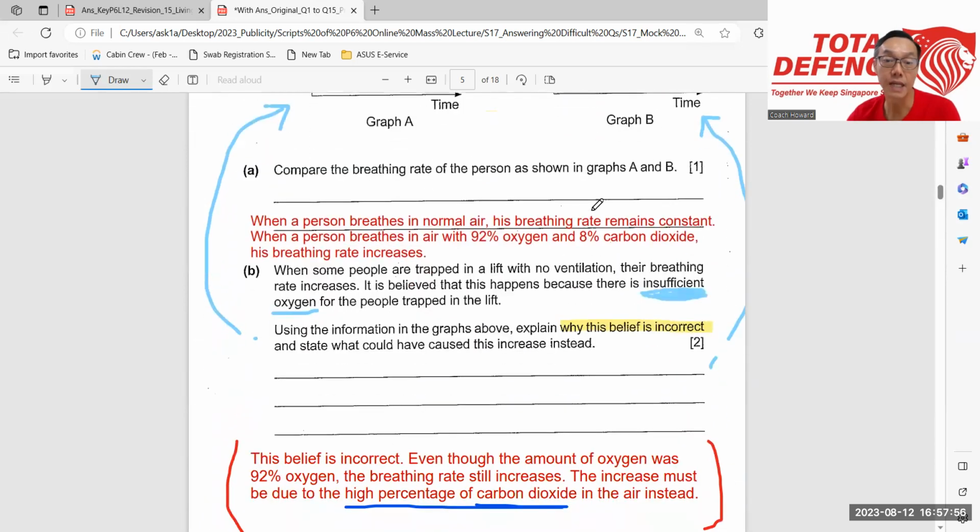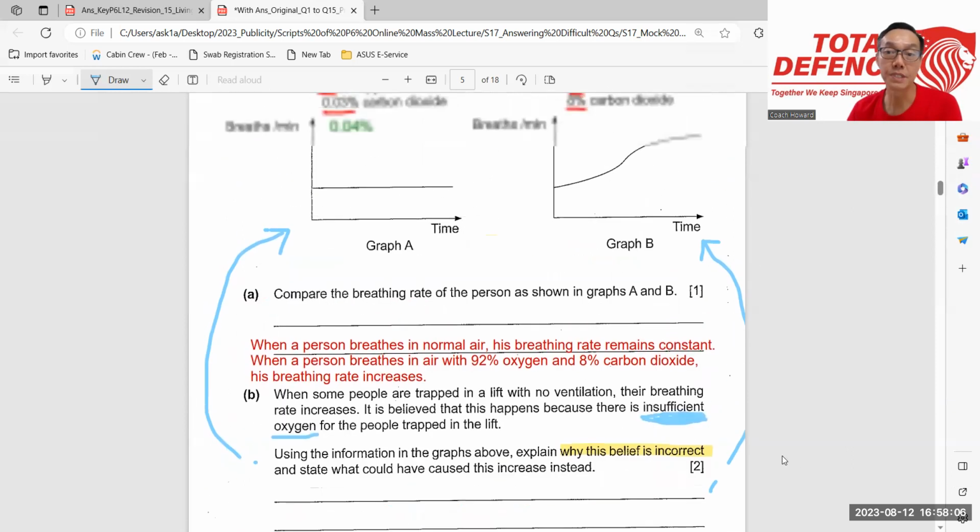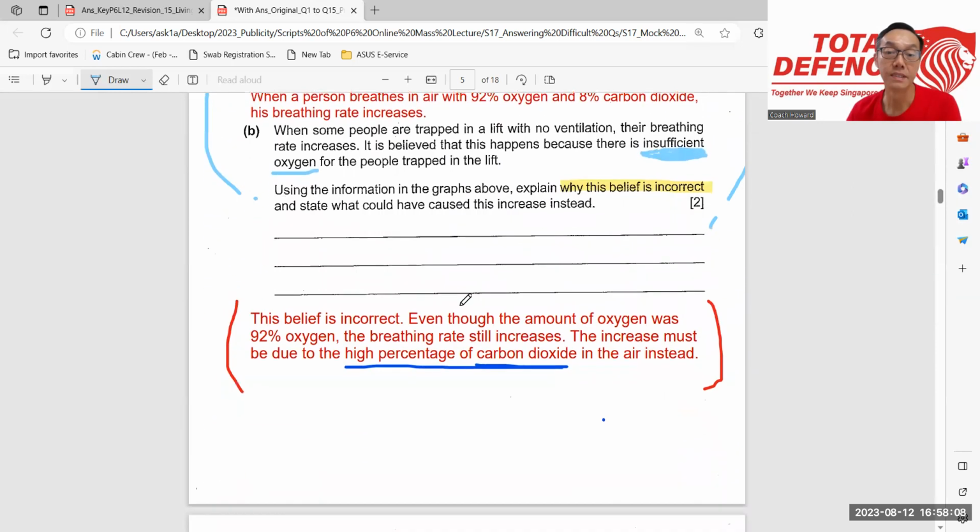So actually the answer is, this belief is incorrect, even though the amount of oxygen was 92%, which is on the right-hand side, the breathing rate still increased. This increase must be due to the high percentage of carbon dioxide in the air.